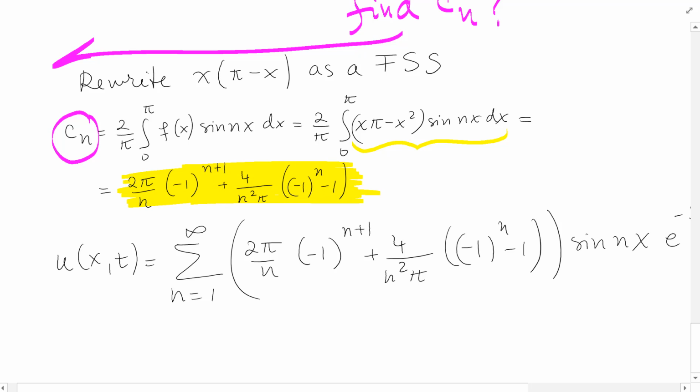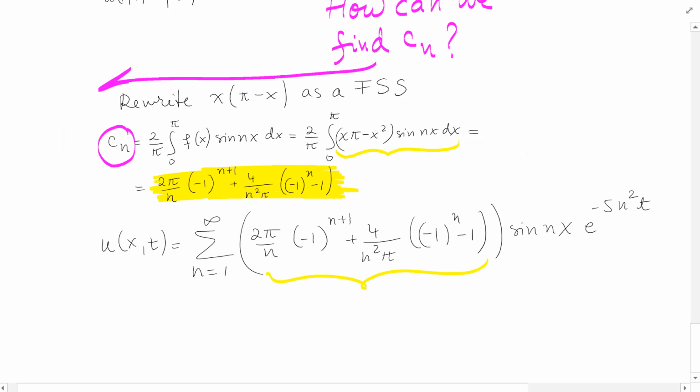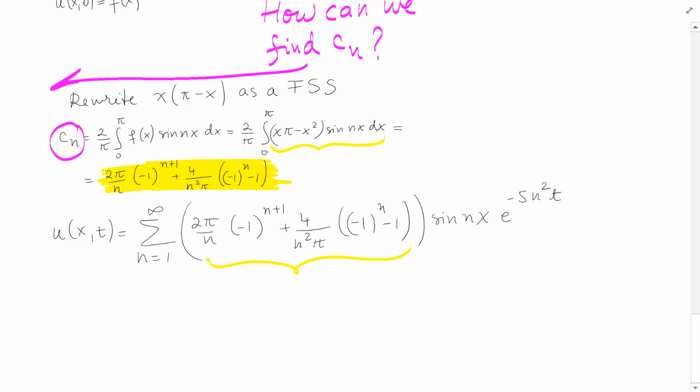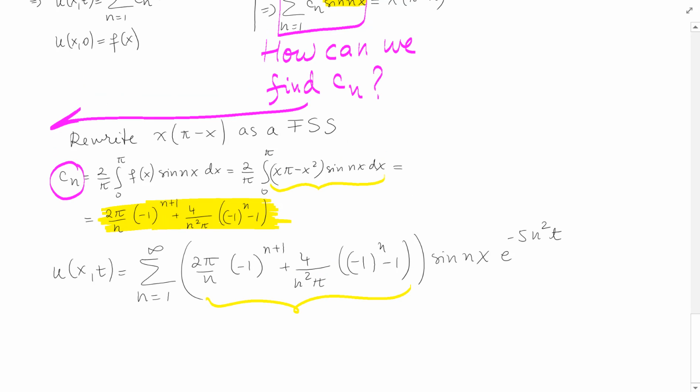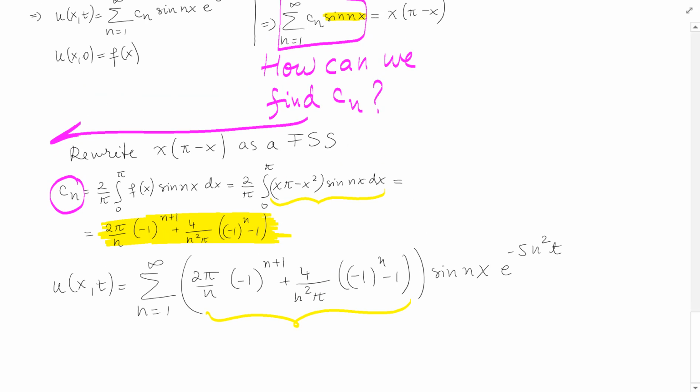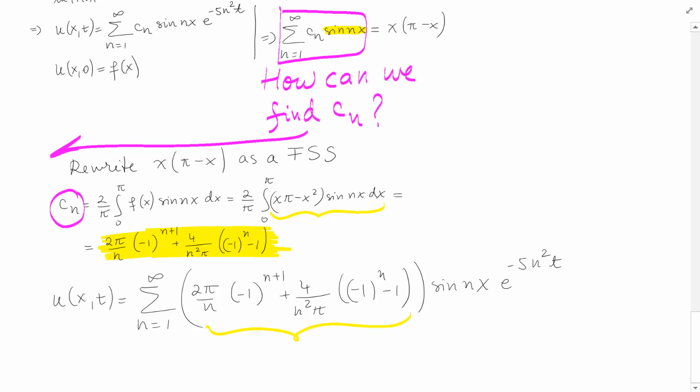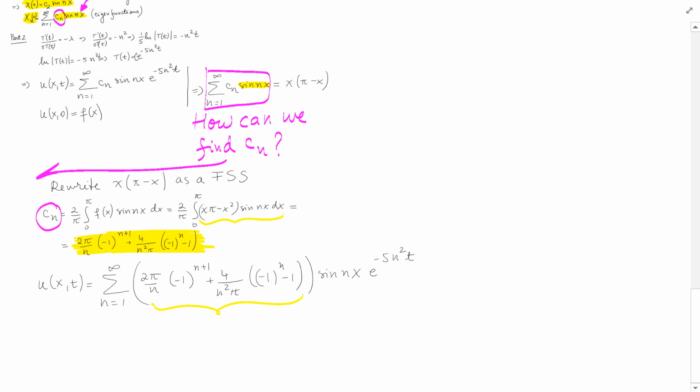So basically, u of x and t is the sum as n equals 1 to infinity of all this c sub n sine of nx e to the negative 5n squared t. So why do we learn the Fourier sine series? So that we can find the coefficients of a solution of a heat problem, for example, or even a wave one.